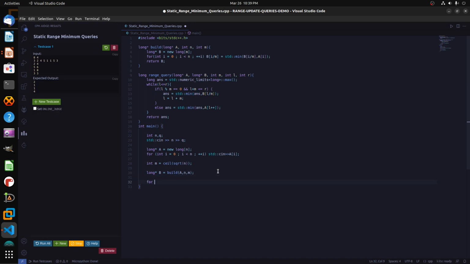So now we iterate over the queries. Read the left boundary and the right boundary.